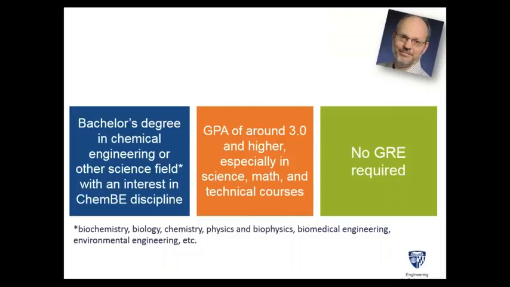So who comes into our program? Once again, I wanted to emphasize that things are changing. They're very different than they were even, let's say, 10 years ago when I was involved in the program. 10 years ago, the predominance of students typically had a bachelor's degree in chemical engineering or biochemical and biomolecular engineering, often biomedical engineering, or one of the disciplines closely related to chemical and biomolecular engineering.